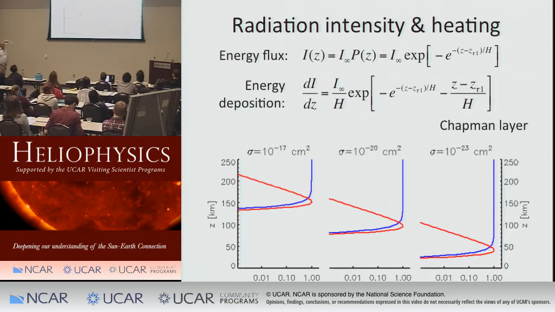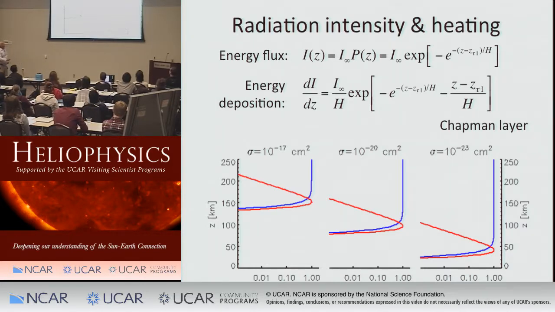If that amount of energy is falling off, then the derivative of that is how much energy is lost between one place and another. So now I get to take the derivative of an exponential of an exponential. And it brings down another exponential. You do a little math. You get this even more interesting function, an exponential of an exponential minus a linear function. Okay? This is the heating that we were seeing.